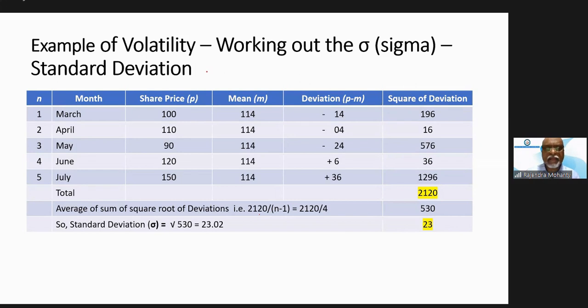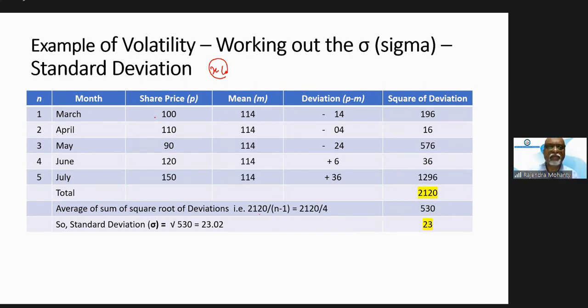Now, for example, let me show how the standard deviation is calculated. Suppose a simple share: X company's share has been bought by me or the bank, and the bank is holding this share.